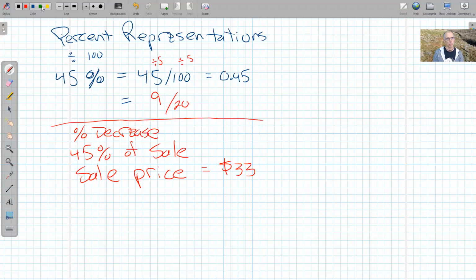And my question would be, what was the original price? And so first, I'll solve this using a graphic, and then I'll set up a proportion to solve it.